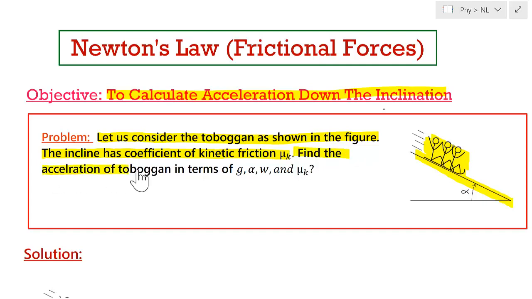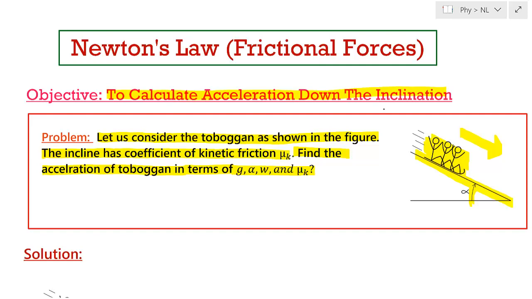Find the acceleration of the toboggan in terms of g, alpha, W and mu k. So we have to find with what acceleration this toboggan is moving in the downward direction. And we have been given g, that is gravity, alpha, that is the angle of inclination, and W, that is the weight of the toboggan, and mu k is the coefficient of kinetic friction.